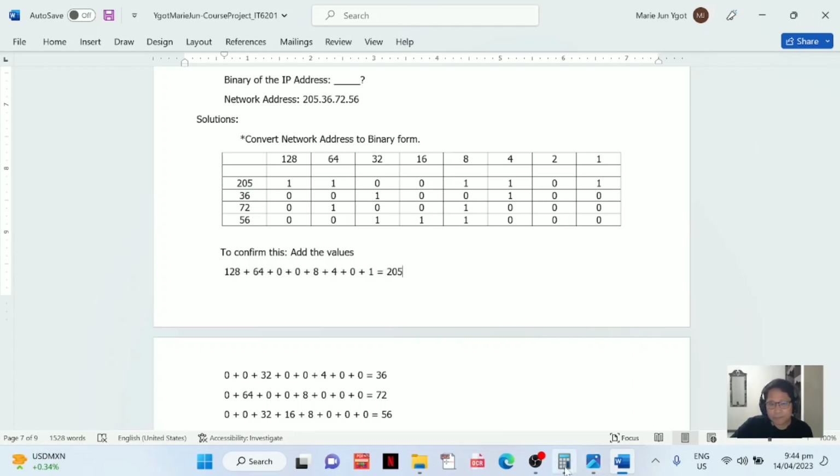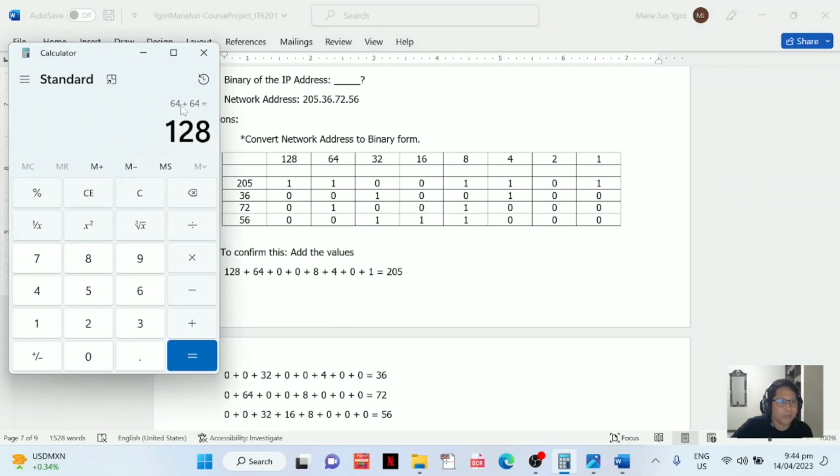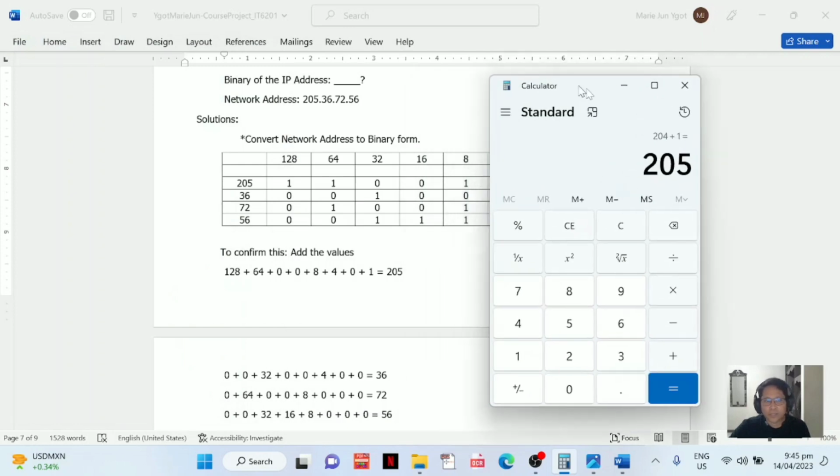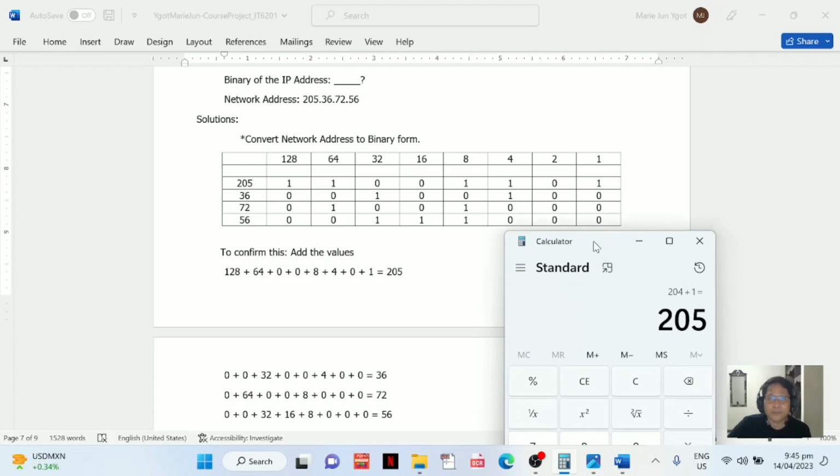Just to confirm this one, we are going to add using our calculator. 128 plus 64, we don't need a 0 anymore, so plus 8 plus 4 plus 1 is equal to 205. So we get the binary form of the first octet.